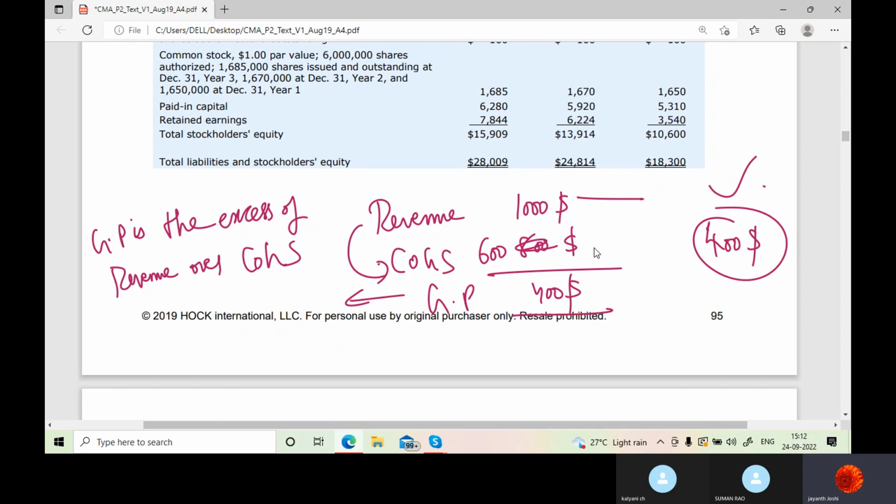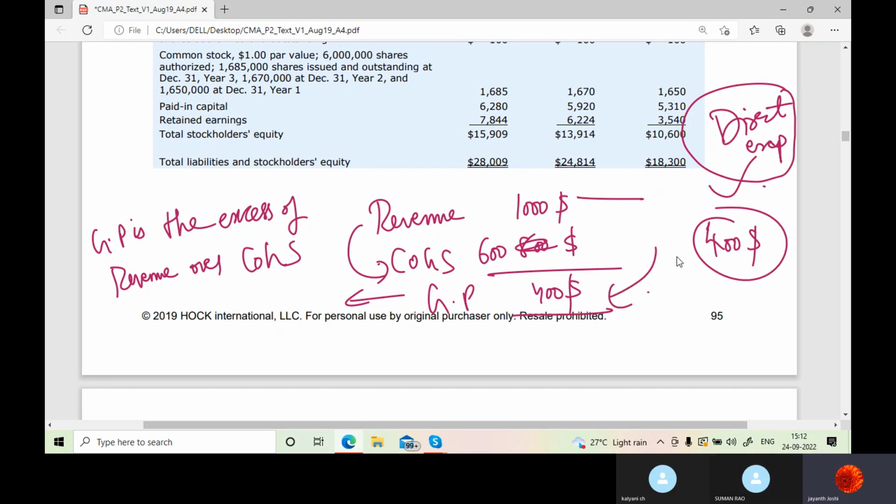But this is gross profit. Why gross profit? Because I said you are earning from the prime activity of your business. Prime activity is nothing but the direct expenses is what you're considering here. Direct expenses which you're incurring to run your business, or if manufacturing happens to be a prime activity for your business, all the expenses related to manufacturing you're taking into consideration to get gross profit.